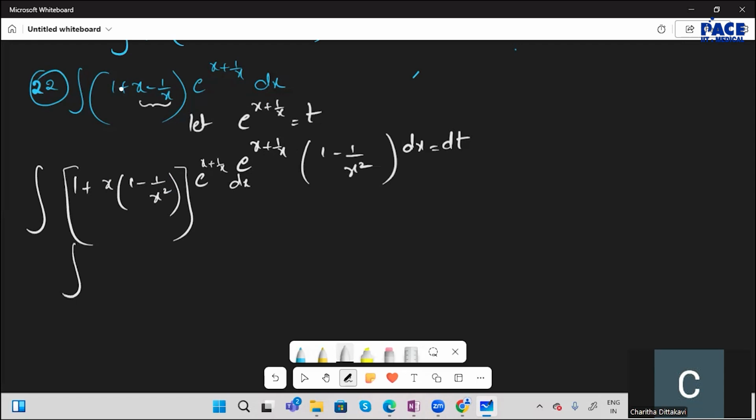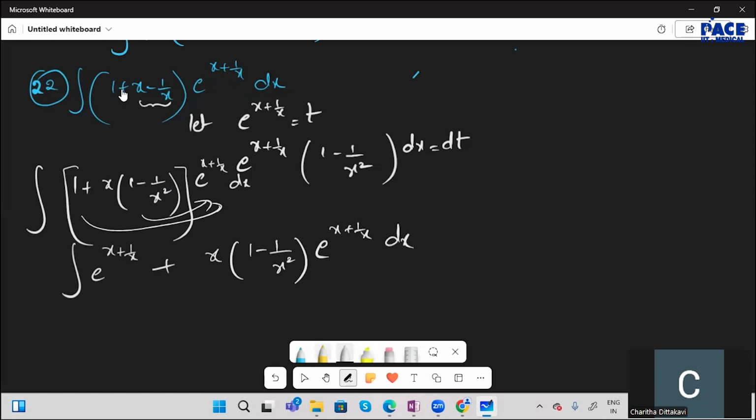So now let me expand it, first with that and this one with that. That is e^(x + 1/x) plus x(1 - 1/x²) e^(x + 1/x) dx. Now observe very carefully.